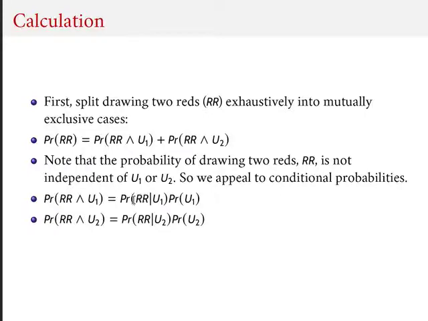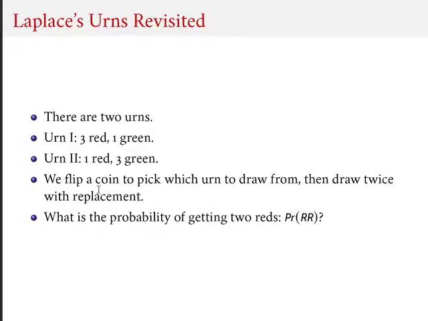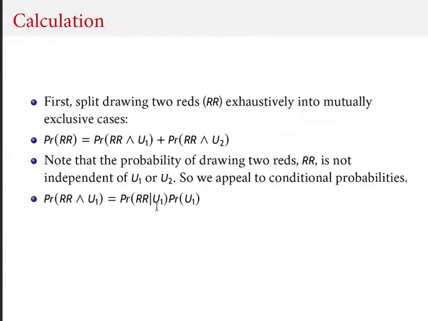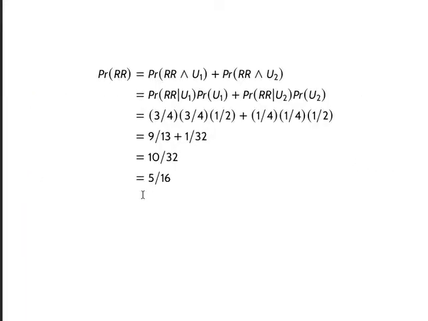And then we know that the two draws are independent. The two draws of red are independent because we're drawing with replacement. So after the first draw, we will replace the marble we draw and then draw again. So both draws are the exact same. So we can now put all the pieces together into this.